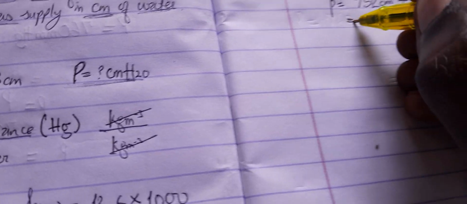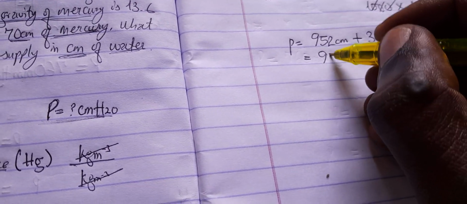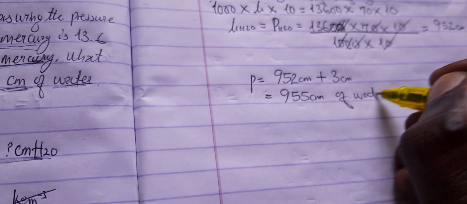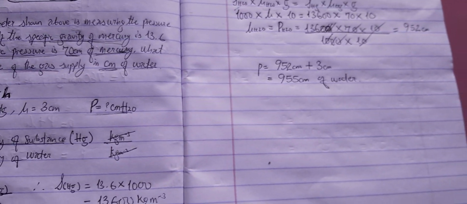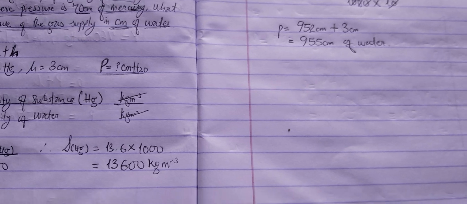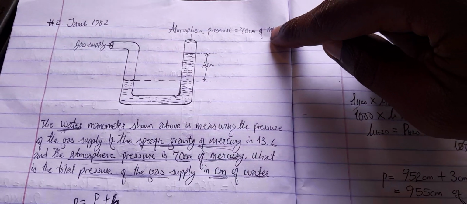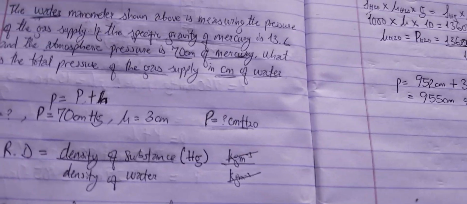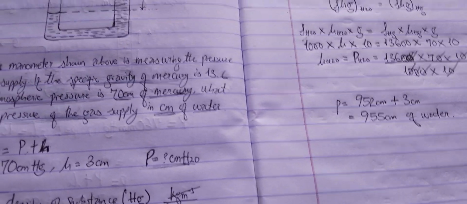Okay, so that would give me 955 centimeter of water. If the question was, what is the gas supply in centimeter of mercury, we don't need to go through the stress, because that is already given to us. But the asking of that of water, so we now need to relate water with mercury.